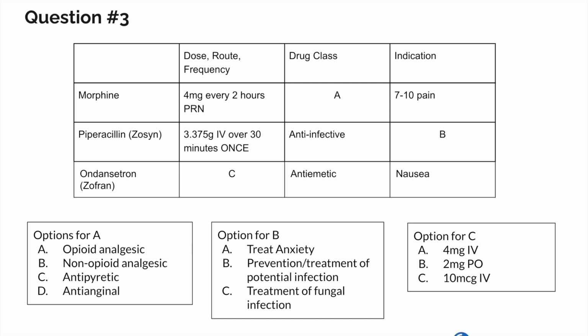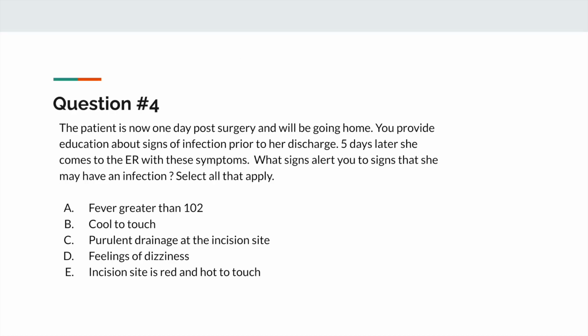Ondansetron, otherwise known as Zofran, you'll select the dose, route, frequency, and then the drug class antiemetic indicated for nausea. Alrighty, if you need more time, please pause the video.